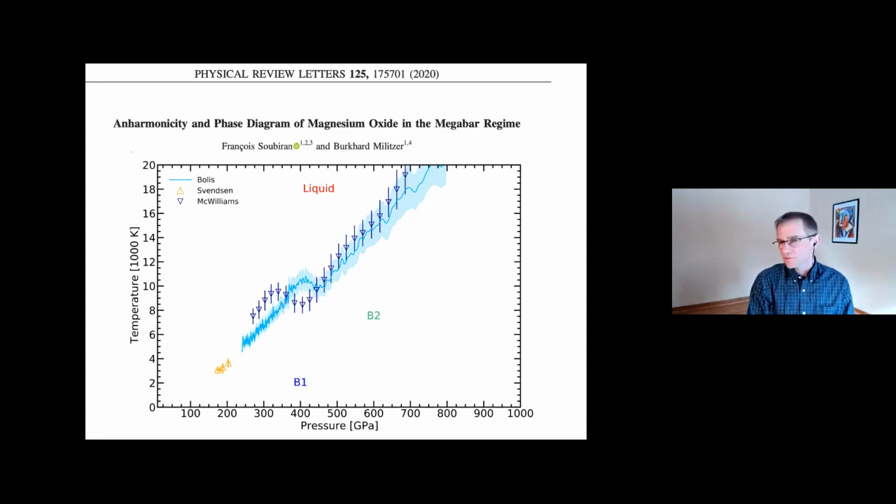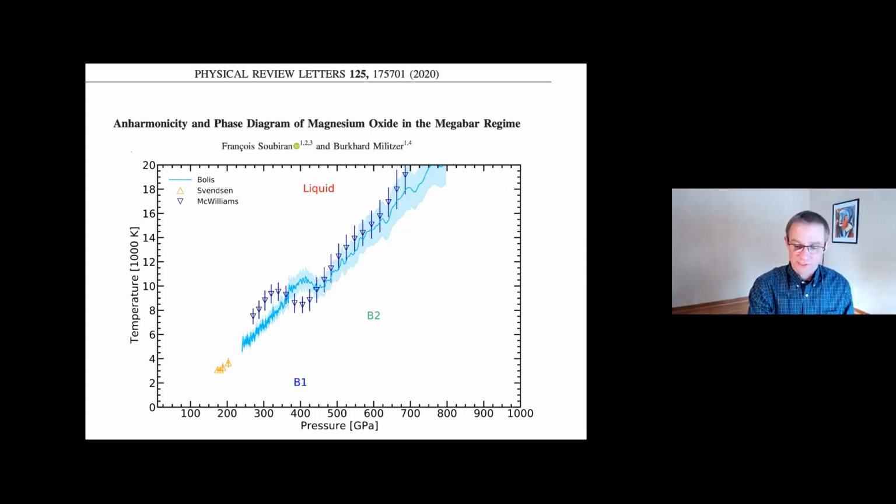So at this moment, it's a purely theoretical construct. Therefore, the two groups chose to interpret their findings differently. One group said it's a B1-B2 effect, and the other one says it's a melting transition that gives rise to this change. So this is a good playing field for theorists to be relevant. We'll see what we can say about it.